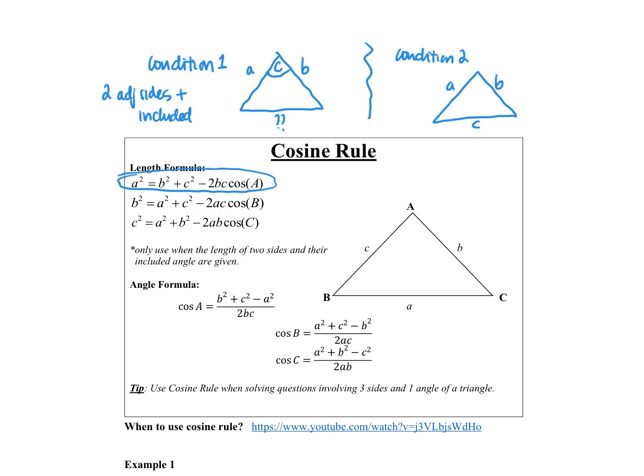So this situation, we also use cosine rule. So you always assess the triangle you are given. Do I have 2 adjacent sides and an included angle? Then use cosine rule. Do I have all 3 sides? Then use cosine rule. If neither, use sine rule.